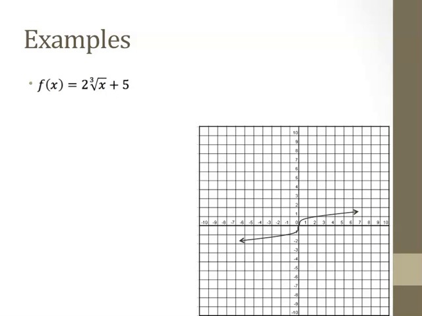So that 2 is on the outside of the function. So this is a vertical stretch by 2. Now we can go ahead and graph that, and you can think of it as in the original cube root function, we had a point at 1, 1, and with a vertical stretch of 2, we now have a point at 1, 2.